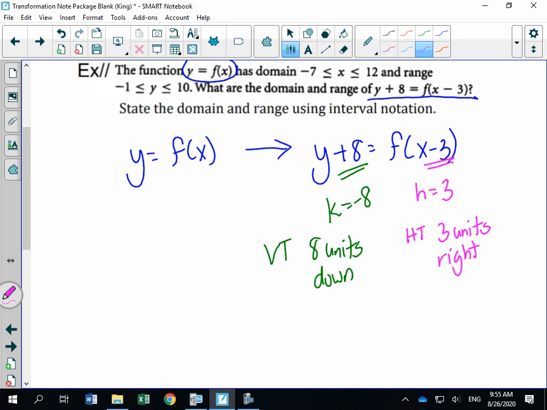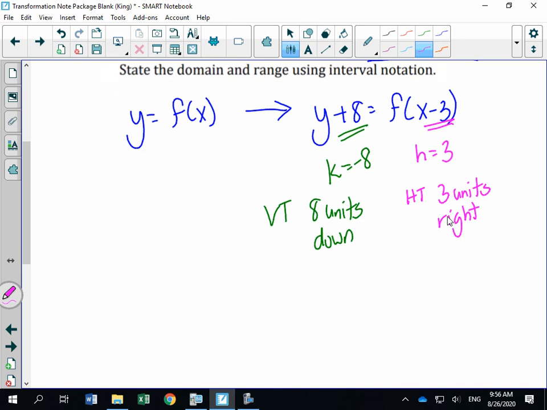Then you have to be able to just know which parameter affects domain and which parameter affects range. The h parameter is next to your x. Like I always tell students, that's a big clue. The h parameter is the one that affects your domain.